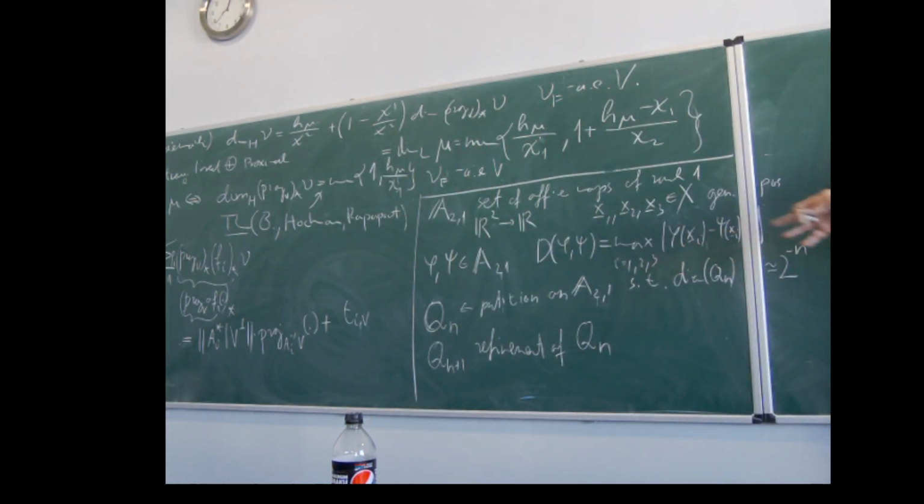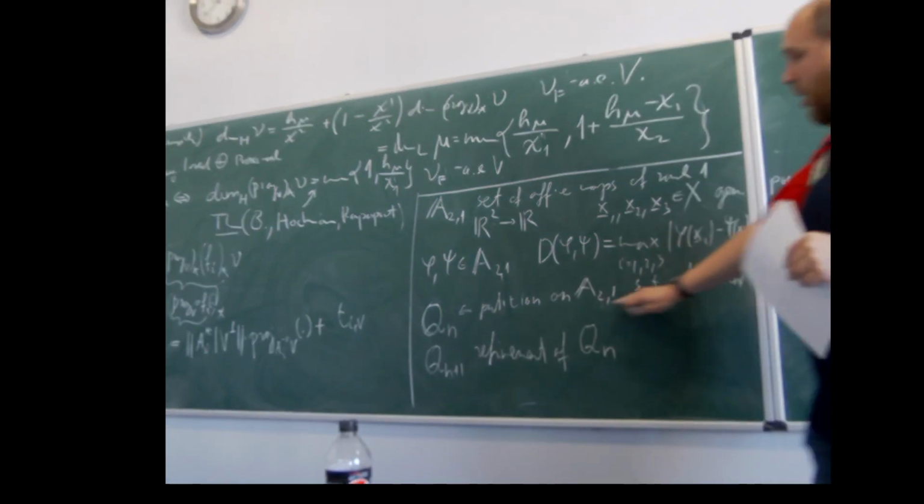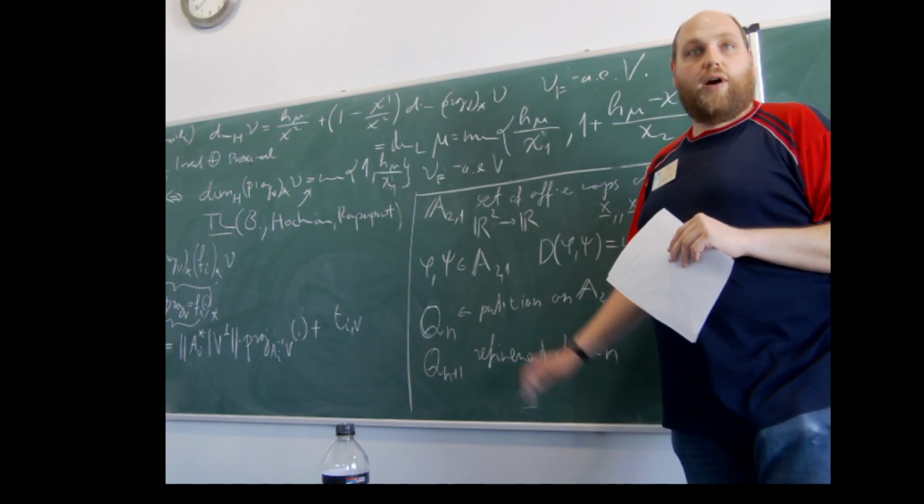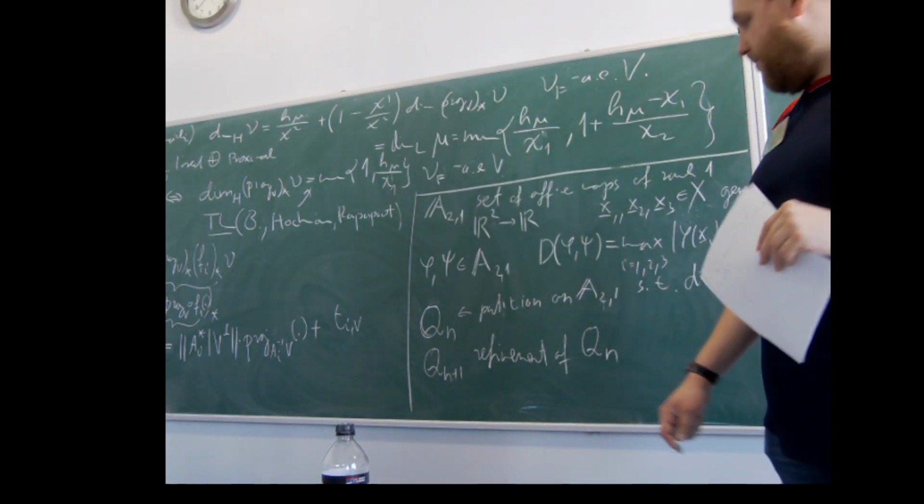So we have this weird space of R2 to R affine mappings. Still we have something which resembles a dyadic partition. If you ask me how on earth it is possible, don't ask me.